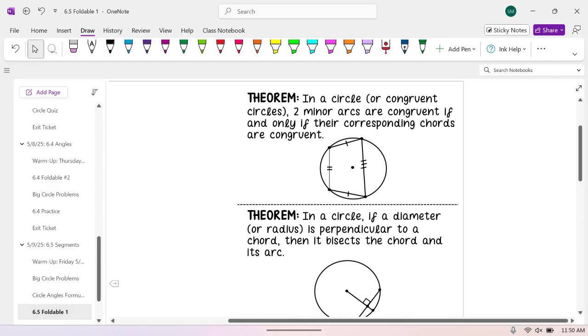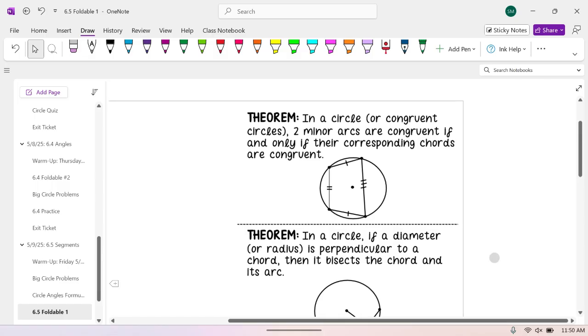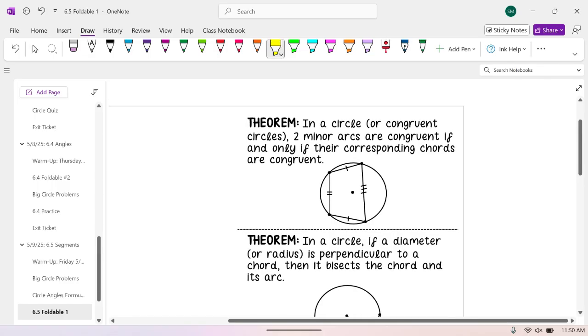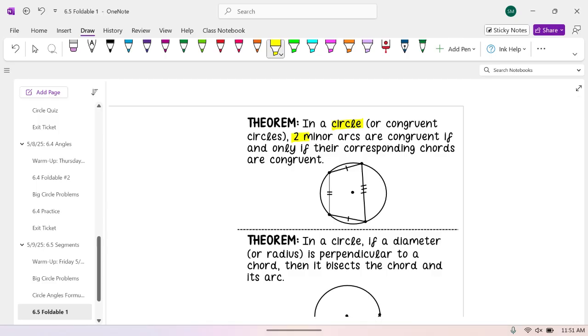There's a couple of theorems that we have to talk about first. The very first theorem is in a circle or congruent circles, two minor arcs are congruent if and only if their corresponding chords are congruent.